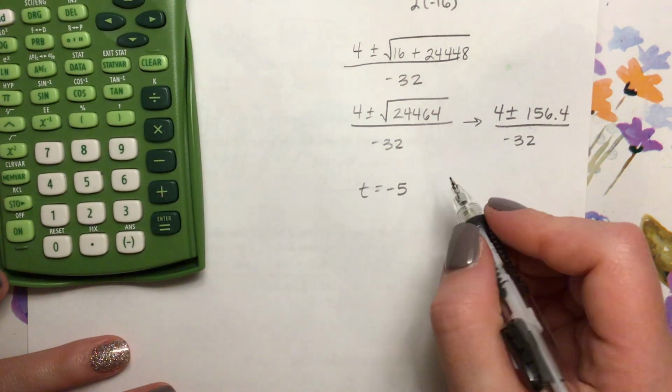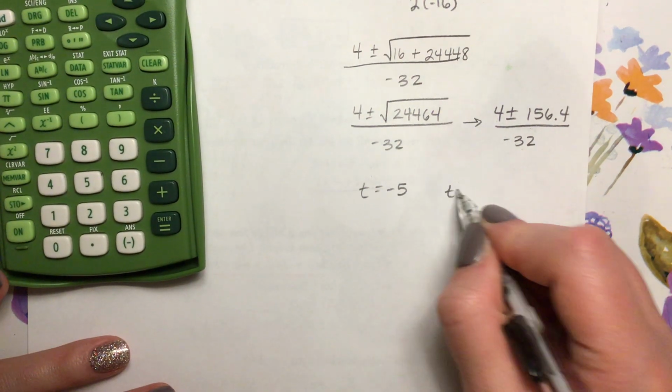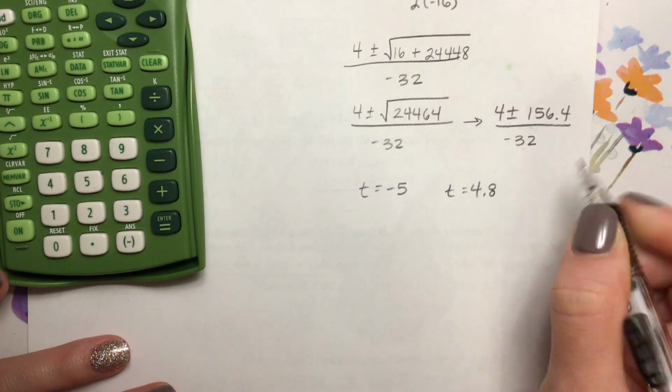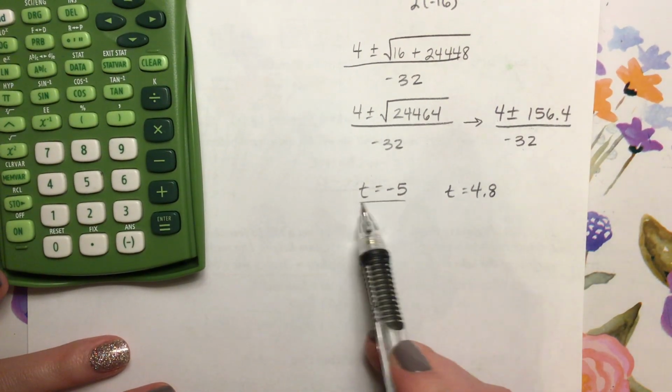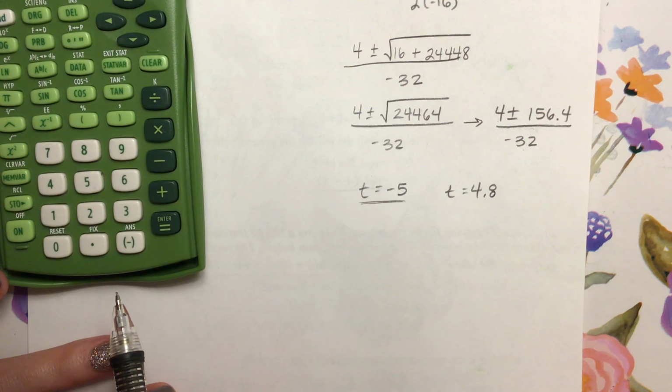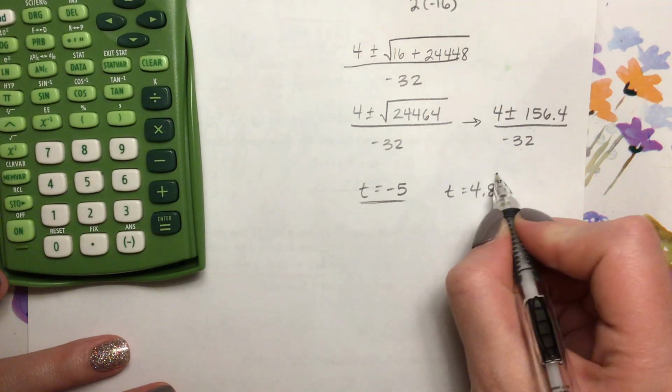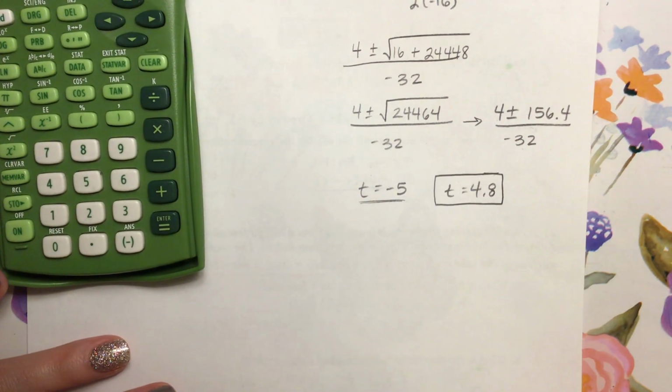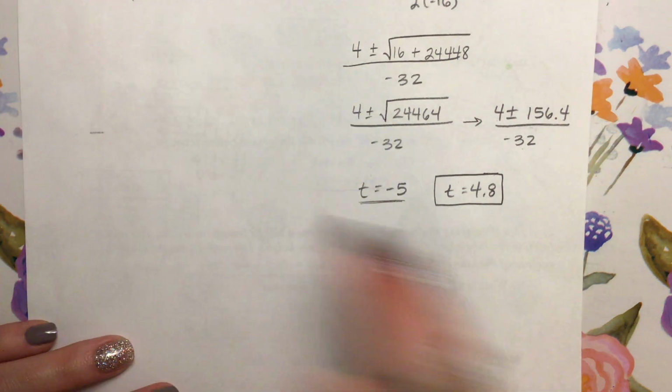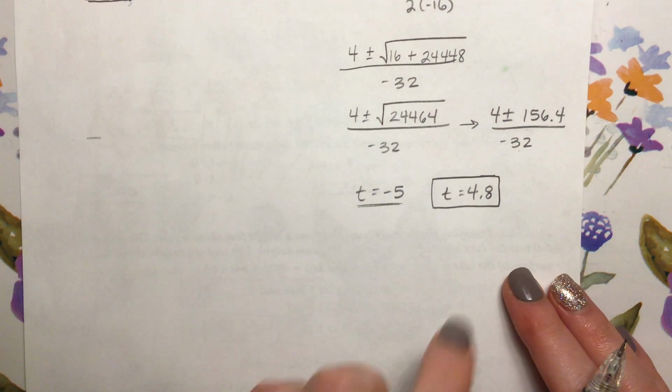Here I'm getting positive 4.8 about. So this is saying at negative 5 seconds, but that doesn't make much sense. This one's saying at positive 4.8 seconds. So we're going to have to go with that because we're not going to have a negative time value.